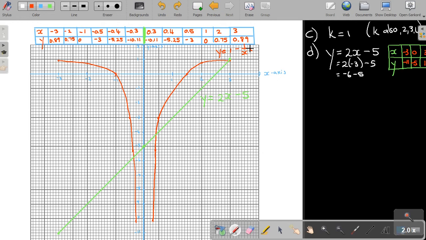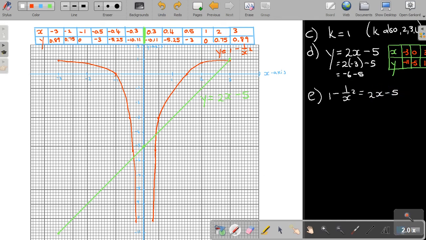If I find the solution of this, it's where the two graphs are equal. So it's where 1 minus 1 over x squared is equal to 2x minus 5. So it's where they intersect.